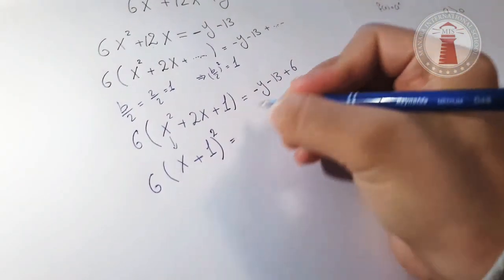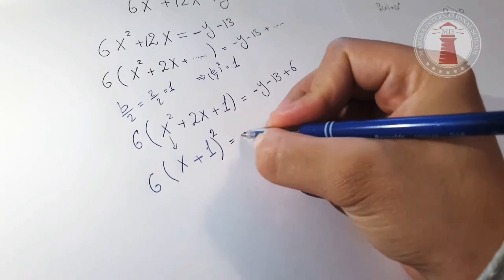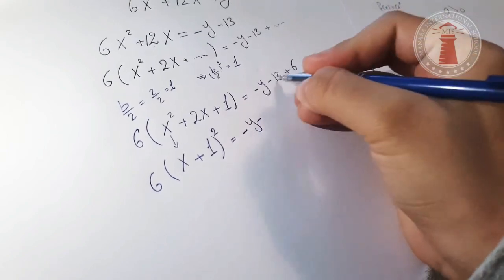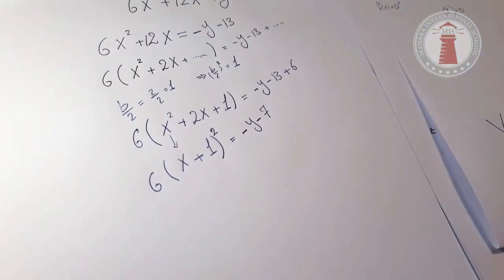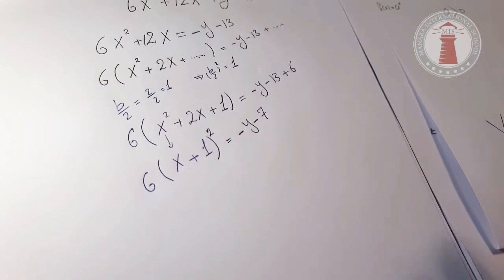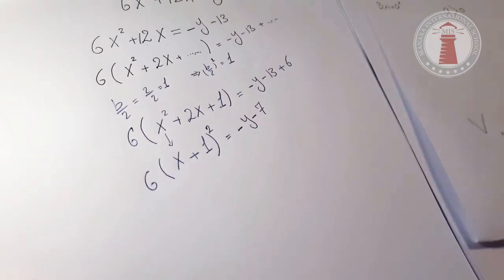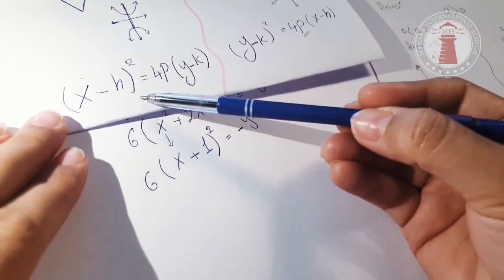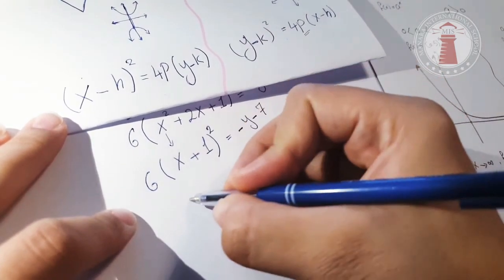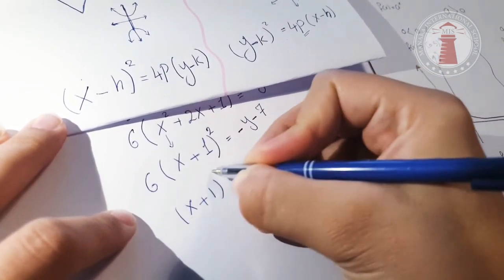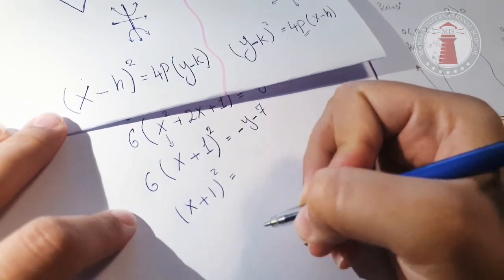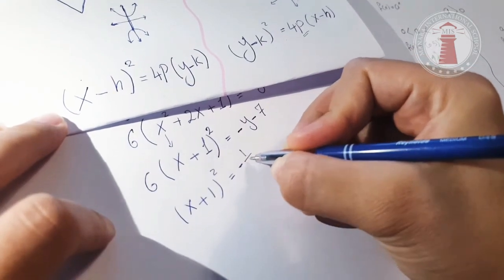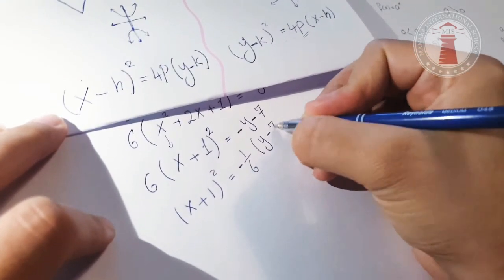Now it's equal to negative y, negative 7. We're just going to make this similar to what we did earlier. So we want this to be x plus 1 squared, equal to, taking the negative as a common factor here, and instead of 6 we'll have 1 over 6, and then y minus 7.